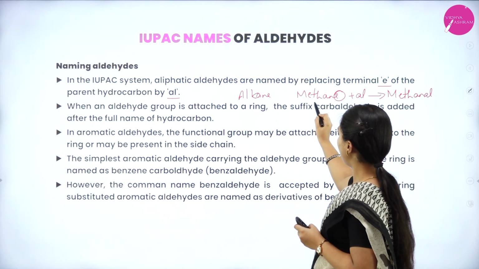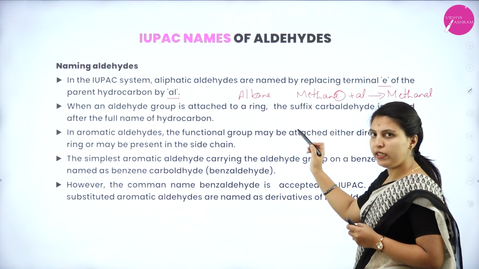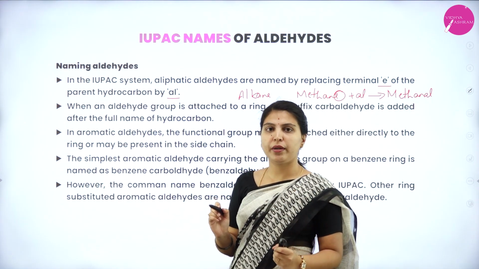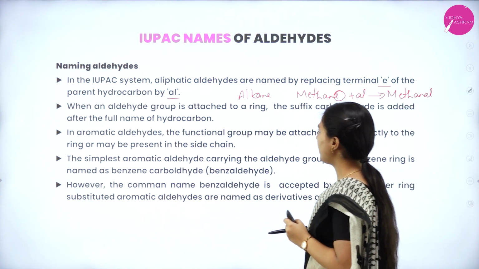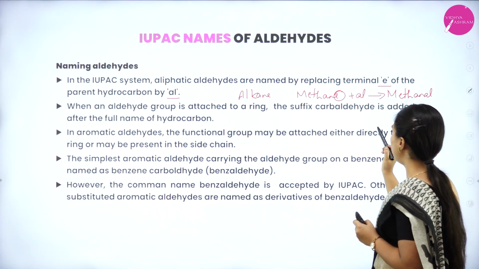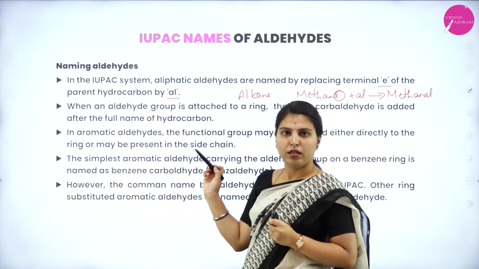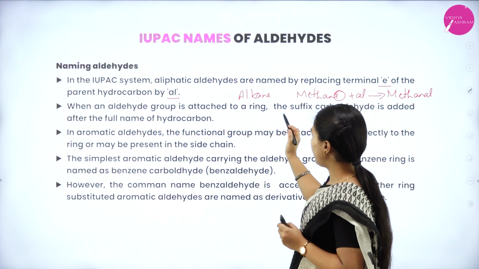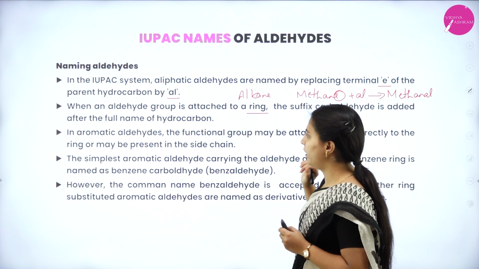For any hydrocarbon, if you remove the last e and add al, it becomes the aldehyde name. Al represents the aldehyde group. When an aldehyde group is attached to a ring, the suffix carbaldehyde is added after the full name of the hydrocarbon.